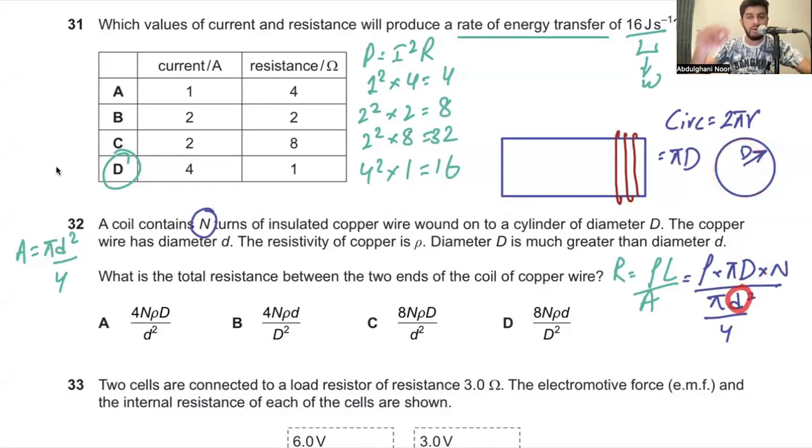The diameter of the wire contributes to its area. The diameter of the copper tube, the cylinder, contributes to the length of the wire.